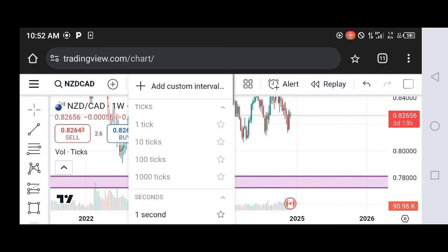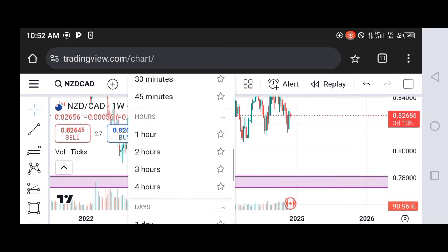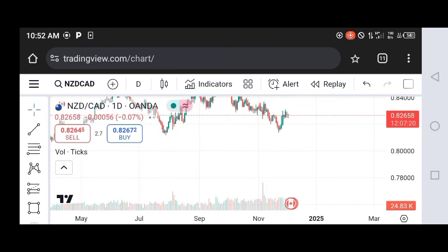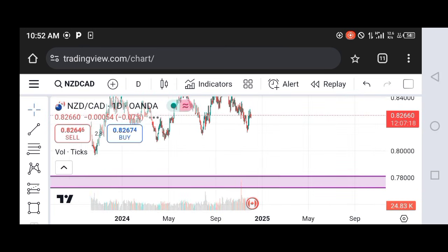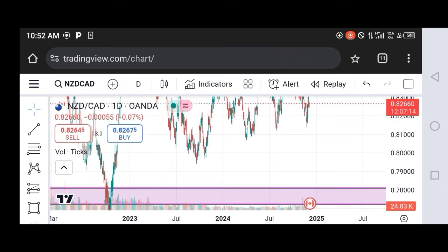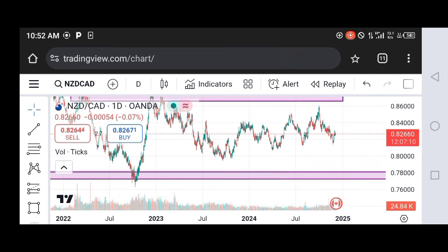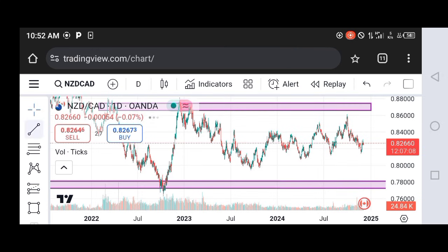From the 1 week time frame, I'm going down to the daily time frame. This is the daily time frame, and in this video we are going to be doing our main analysis. First things first, if you've been watching my previous videos, you understand that I start with mapping out my sweep of liquidity.